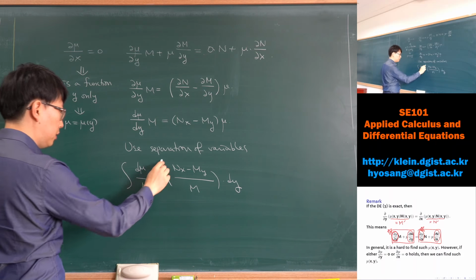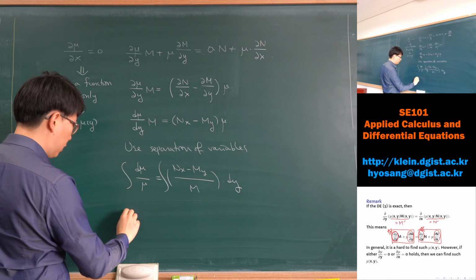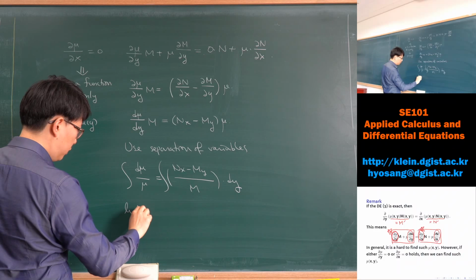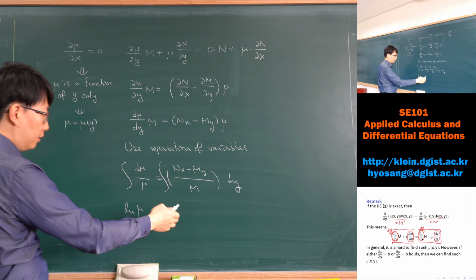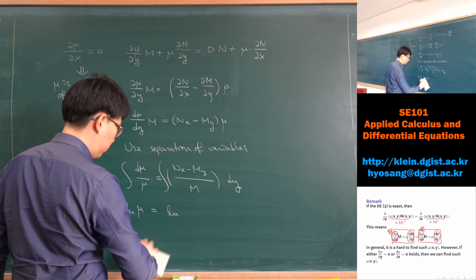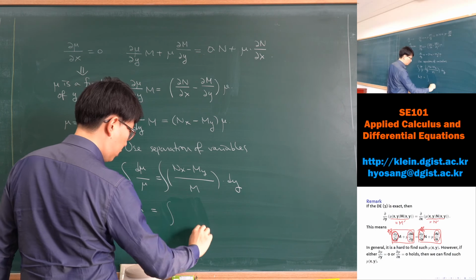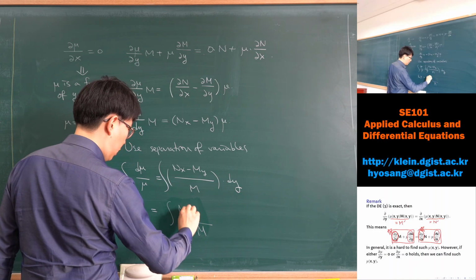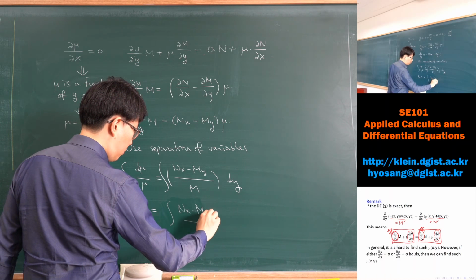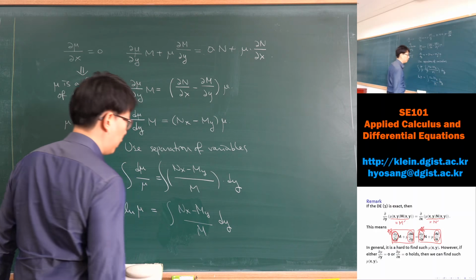And then let's take the integration. On the left-hand side we get ln of mu, and on the right-hand side we get just the integration, the same integration, of (N_x minus M_y) over M dy.